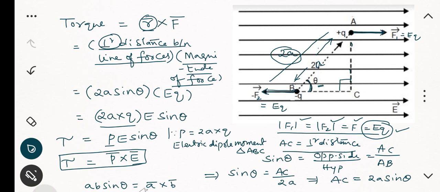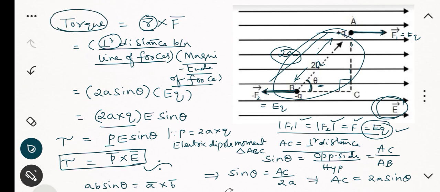This is the expression for the torque experienced by an electric dipole placed in a uniform electric field. Here the electric dipole experiences two equal and opposite forces which are responsible for the torque acting on that electric dipole. That's all. Thank you.